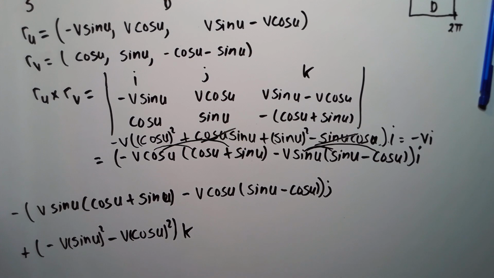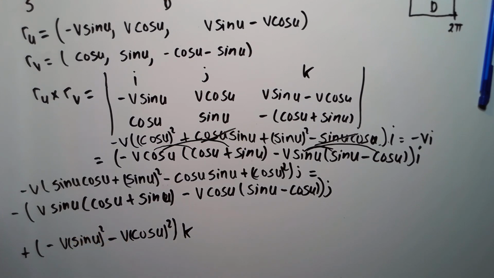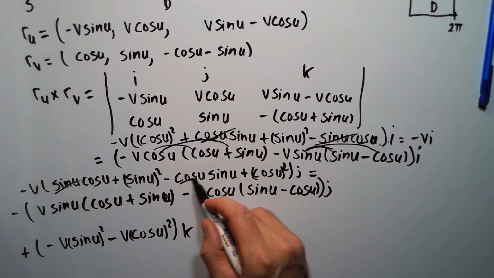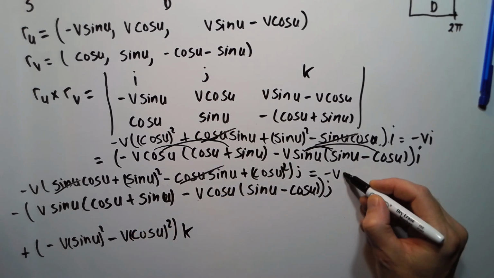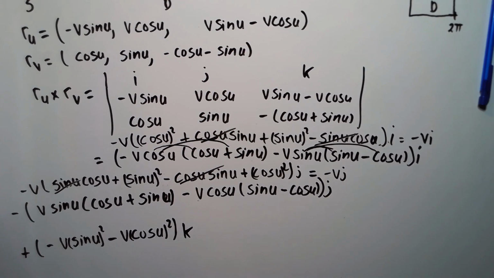Let's do the same thing with the j now. Let's factor a minus v out. Okay, so I factored the v out. So then it's going to be a minus in that one. So then multiply stuff in. That'll be sine cosine here, sine squared here. That'll be minus sine cosine, and then plus cosine squared. So these two cancel. And again, sine squared plus cosine squared is 1. So this also gives us minus v. And lastly, let's look at the k one.